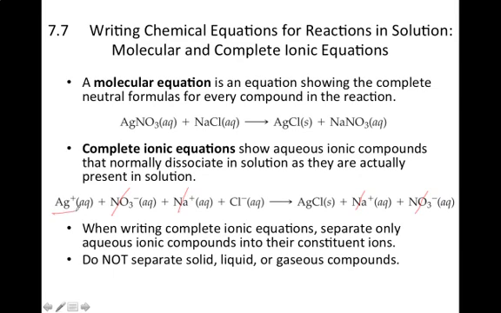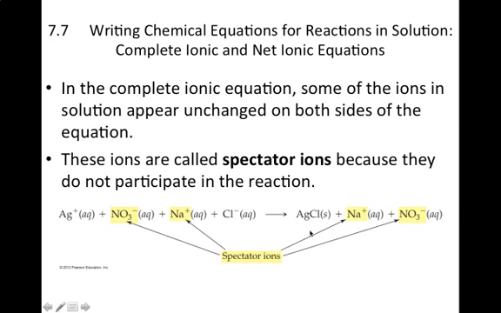Now, silver, on the other hand, exists as silver plus, but it exists in a compound over here, so we can't cancel it. Chloride exists as Cl minus, and it exists in a compound over here, so we can't cancel those. What we have written here is a complete ionic equation. We take it and we're going to turn it into what's called a net ionic equation.